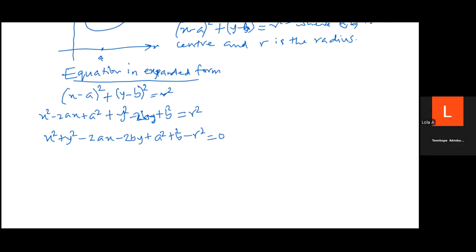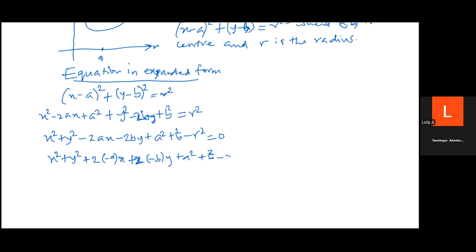Now, I will now write it this way. x squared plus y squared plus, let me say, 2 into minus a x plus 2 into minus b y plus a squared plus b squared minus r squared equals 0.